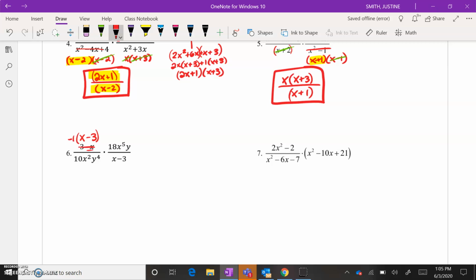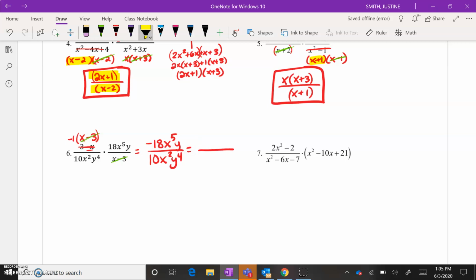We don't have anything else we can factor, so we can start canceling things. So our x minus 3, our x minus 3 can cancel out. And then we have 2 monomials, but we can do what we talked about in the beginning, go back to your exponent rules. So I'm just going to simplify this first. So I have this -1, so this is a -18 x to the 5th y. And then on the bottom, I have 10x squared y to the 4th left.